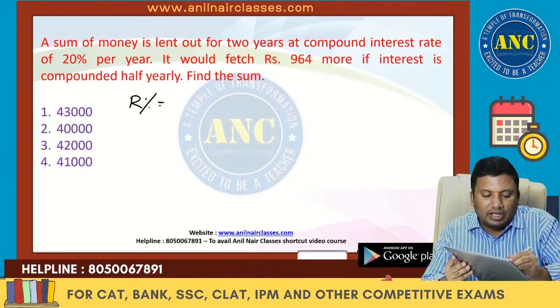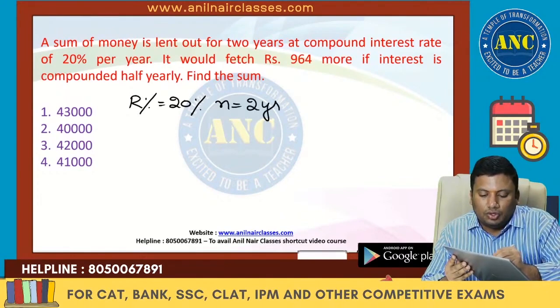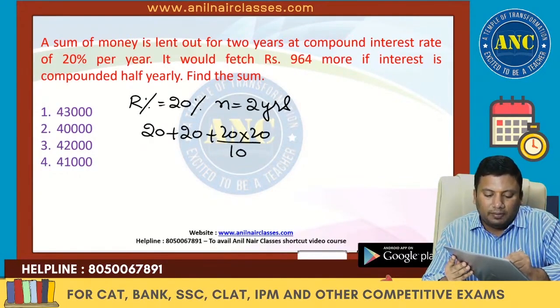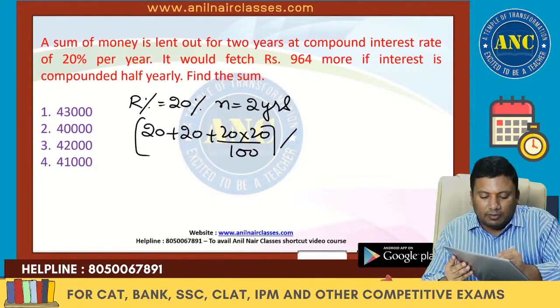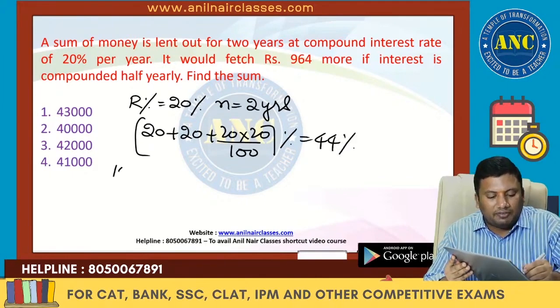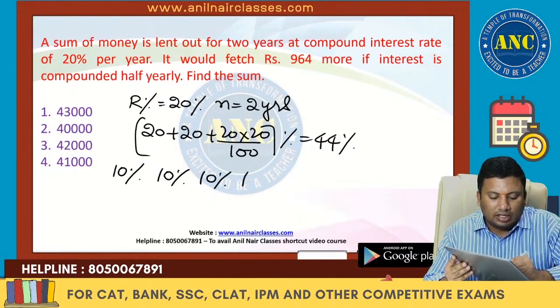R percentage is 20 percentage, N equivalent to 2 years. I will get A plus B plus A into B divided by 100. This is nothing but 44 percentage. Compounded half yearly, 10 percentage 4 times: 10, 10, 10, 10.